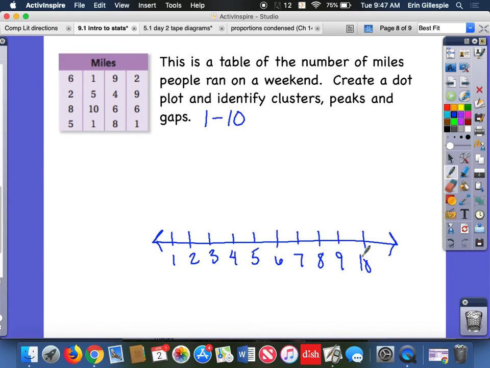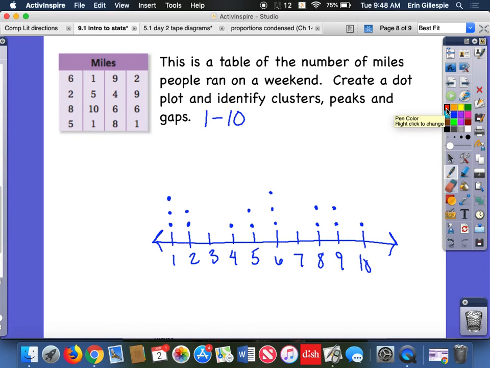You should have 3 dots above 1, 2 above 2, 1 above 4, 2 above 5, 3 above 6, 2 above 8, 2 above 9, and 1 above 10.